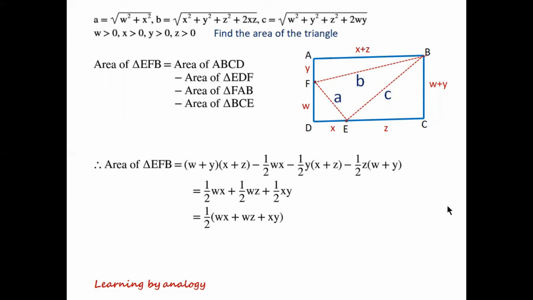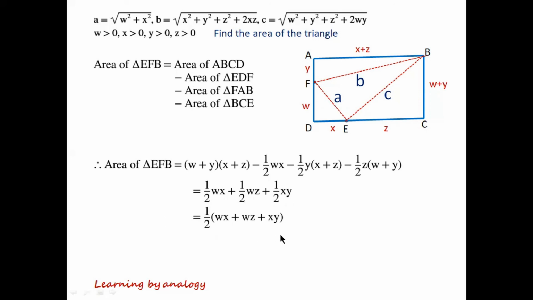So area of triangle EFB equals w plus y times x plus z minus a half wx minus a half y times x plus z minus a half times z times w plus y, which is equal to a half wx plus a half wz plus a half xy.